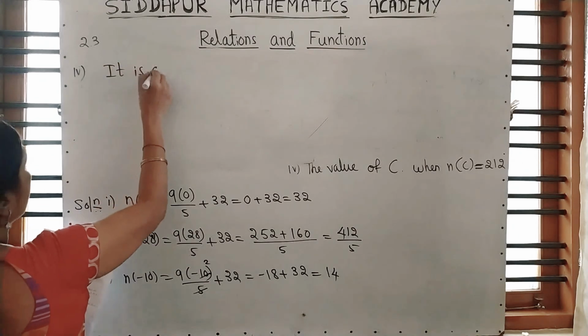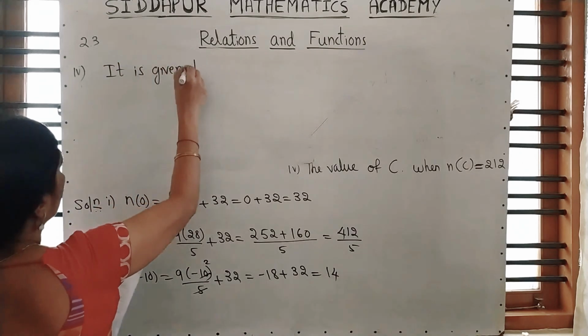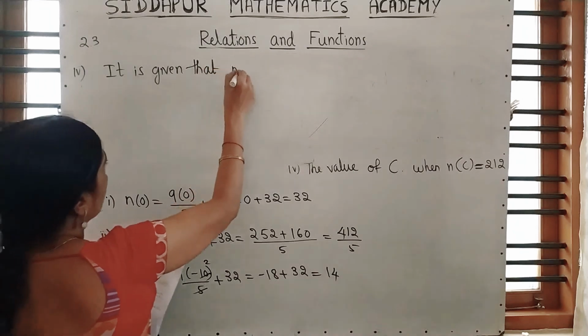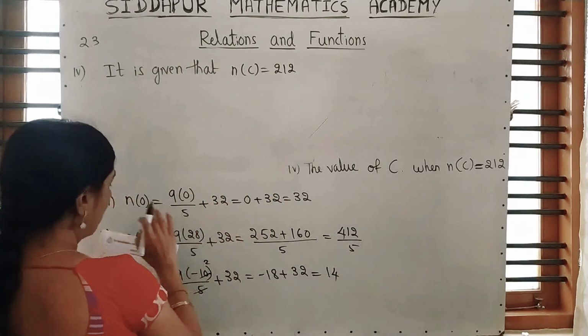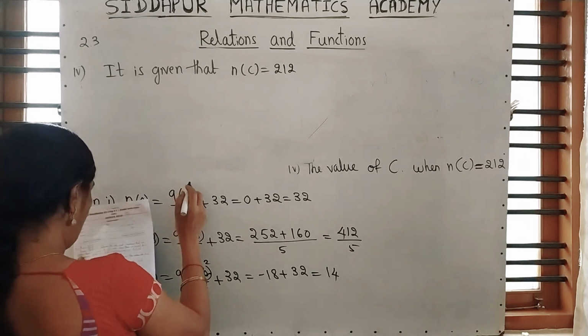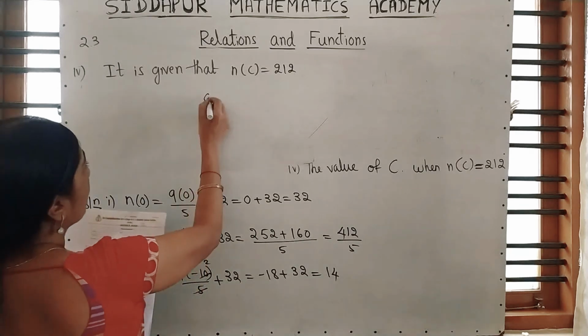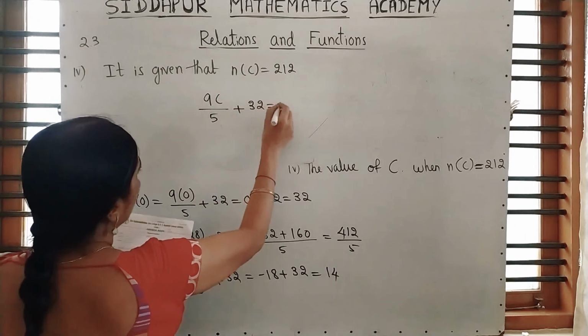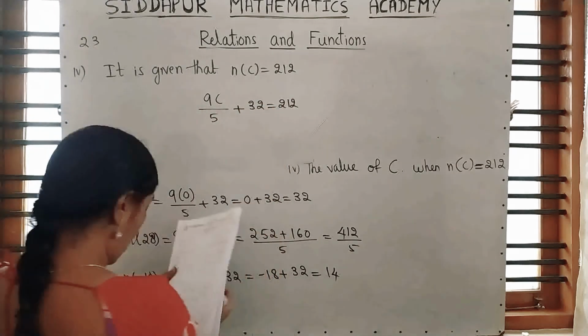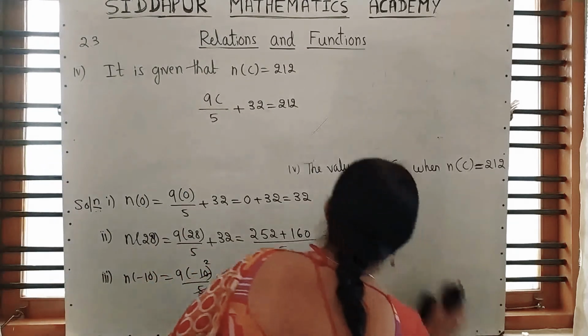It is given that n of c is 212. But what is n of c? N of c is given as 9c upon 5 plus 32 is equal to 212. Solve this, you will get the answer.